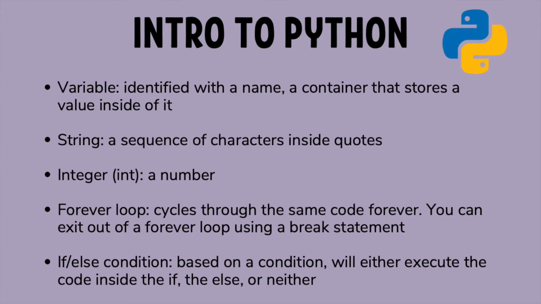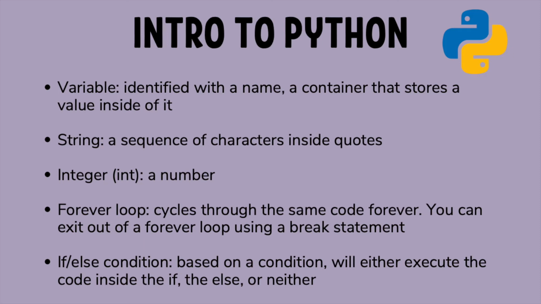Alright, now, to build the calculator, there's a few programming concepts you'll need to learn if you're new to programming. The first is called a variable. You can think of a variable as a container used to store a piece of information or value, like a number. When you create a variable, you give it a name that you can then refer to later to access what you stored in the variable. The next concept you'll need to know is called a string.